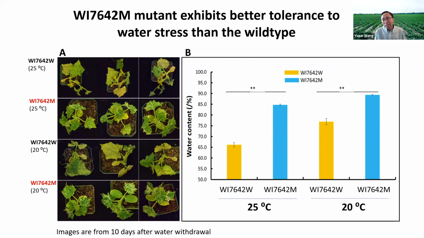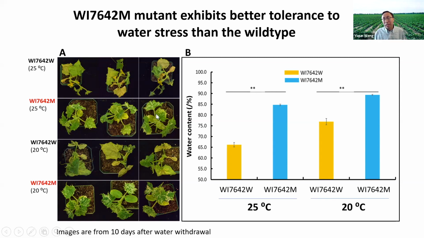So we conducted an experiment with progressive water withdrawal and recorded the appearance of the mutant and wild types and measured the relative water content. You can see at two different temperature settings, the mutant keeps higher water content and less wilting compared with wild type.